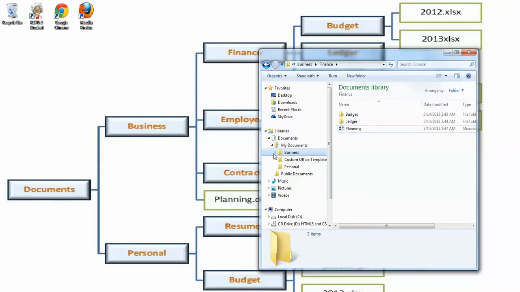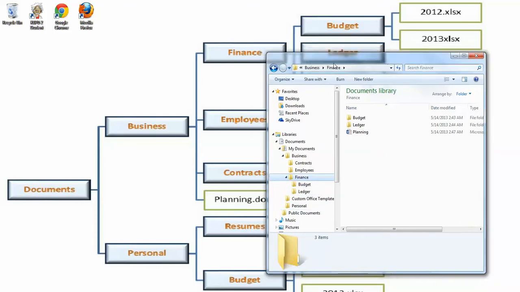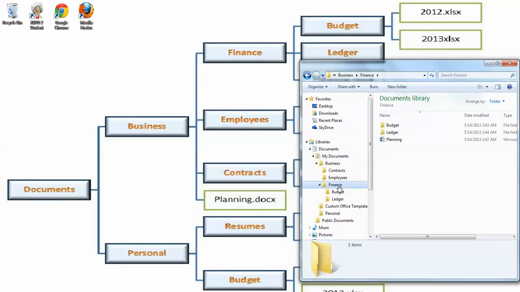But here I have something more to expand because I have subfolders. And then also here the finance folder has the triangle because there's something more to expand. And there's a budget, and on the finance, that's the content. I click on the finance, these are the contents such as budget, ledger, and planning.